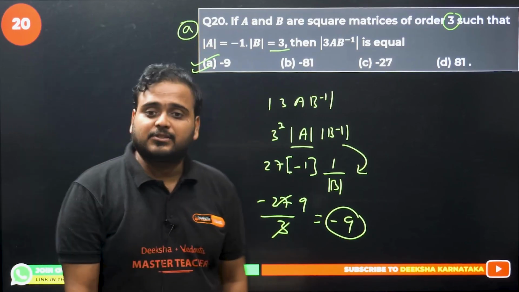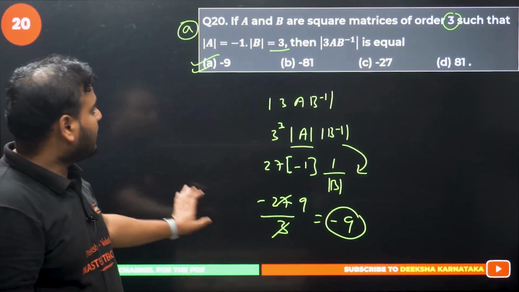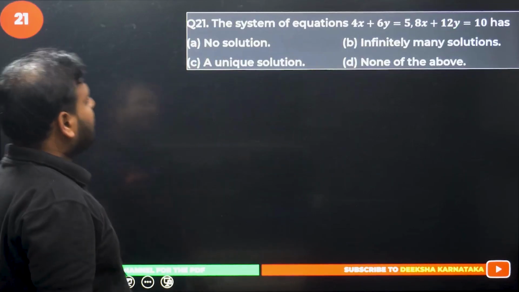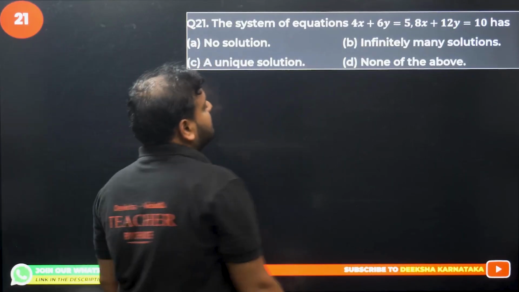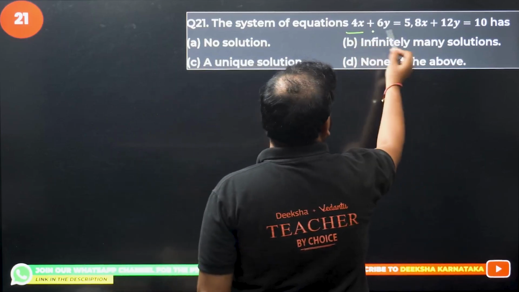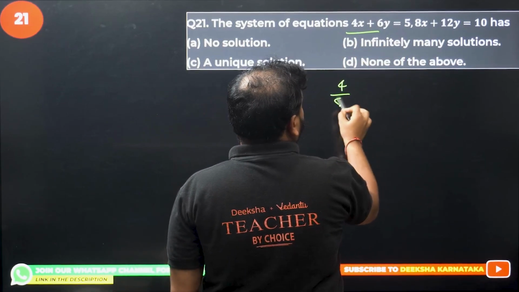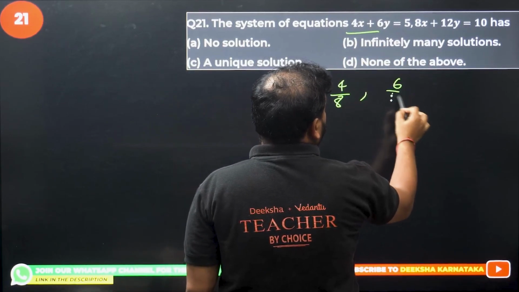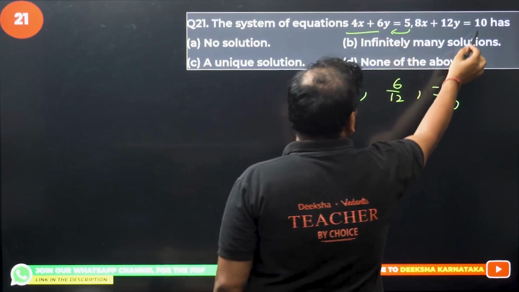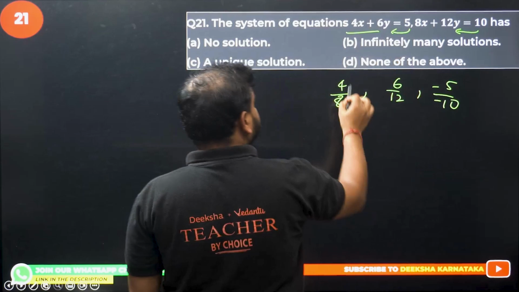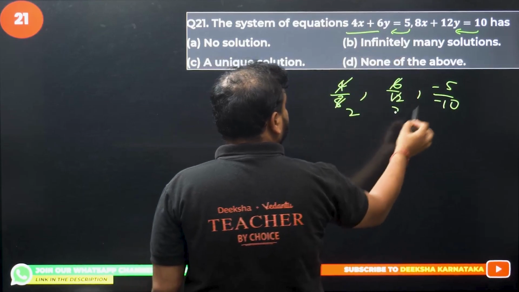Question number 21, let's solve now. 20 is clear. The system of equations given like this, check the ratio. It's a straight line, right? 4 by 8, 6 by 12, minus 5 by minus 10. That becomes 1 by 2, 1 by 2, 1 by 2.